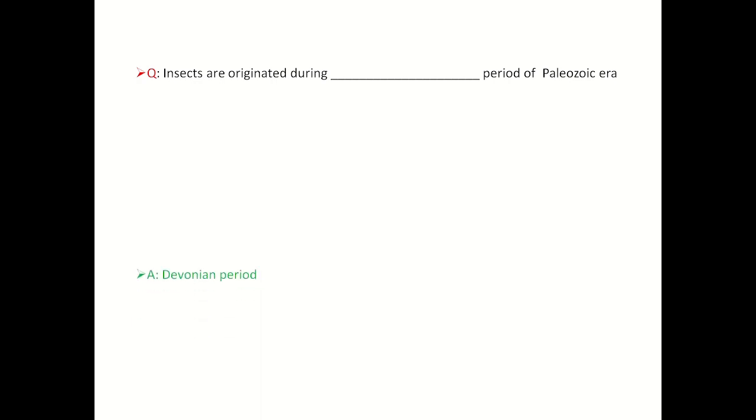Insects originated during the Devonian period of the Paleozoic era. The insects came into existence on the earth 350 to 500 million years ago.